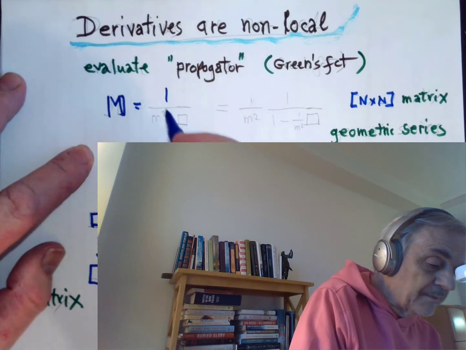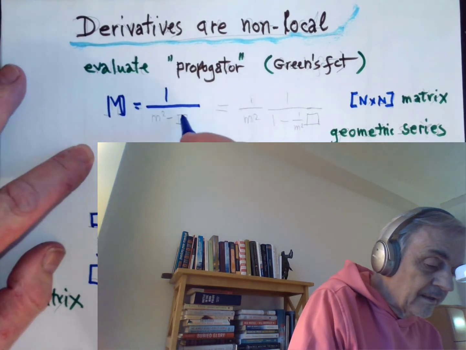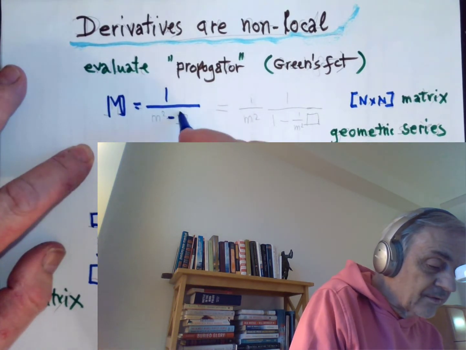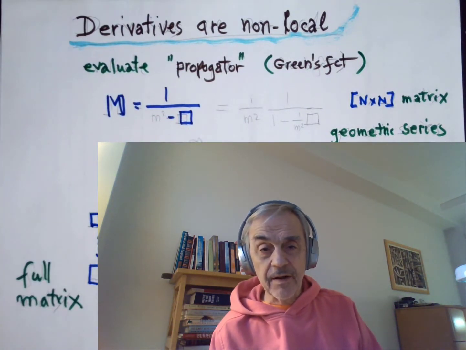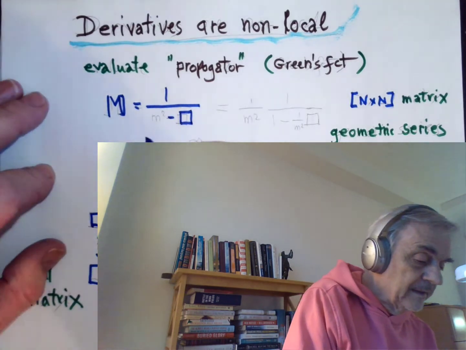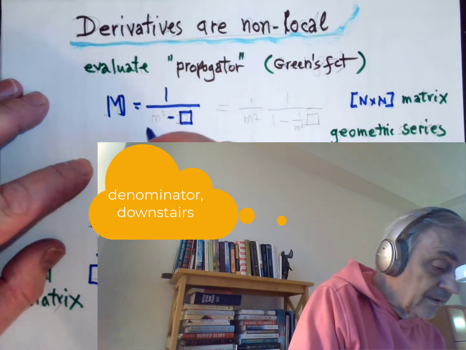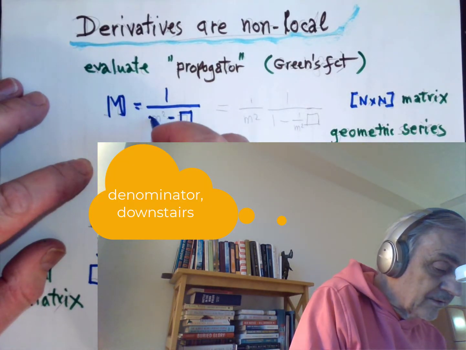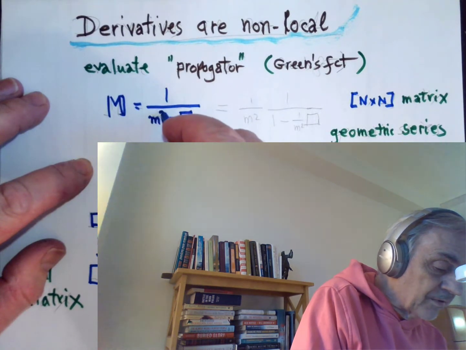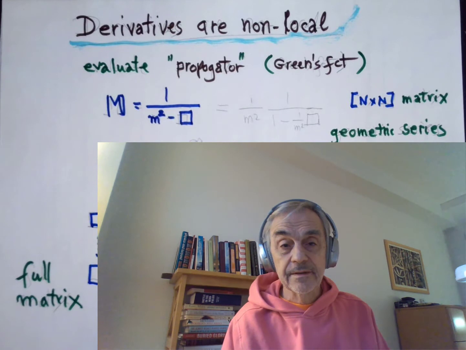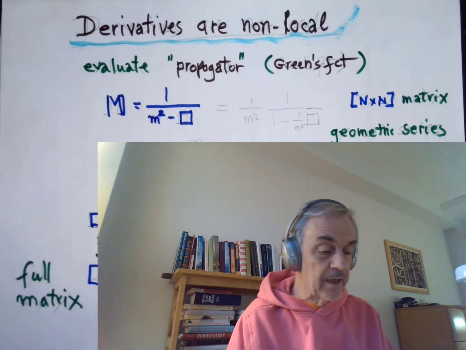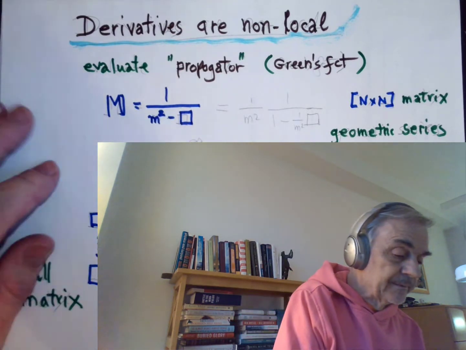So look at the matrix, which has the Laplacian, in other words, the second derivative in the numerator, and then it has some coefficient, often called mass, times the unit matrix, which I'm not writing downstairs.